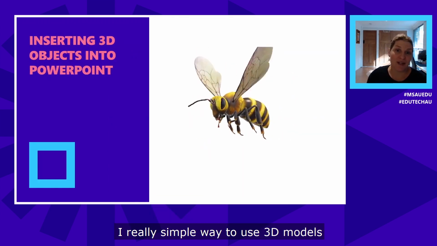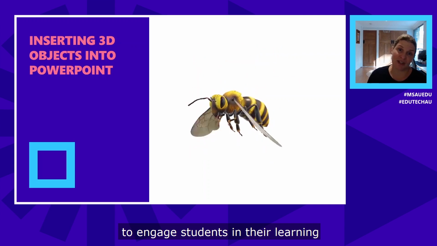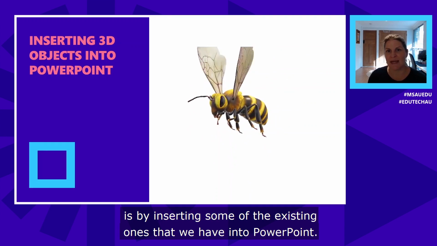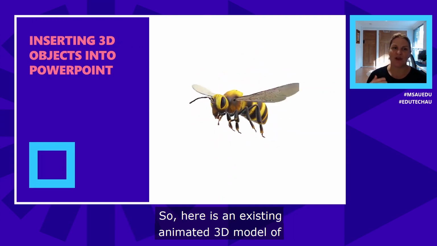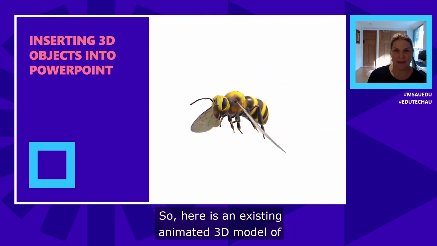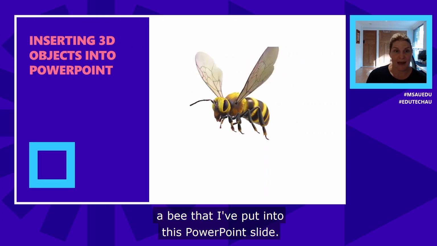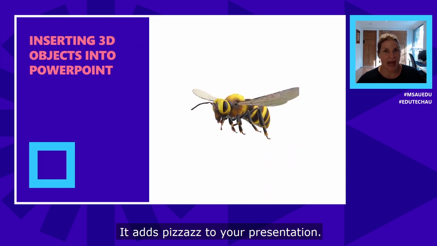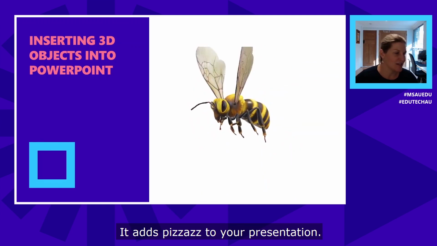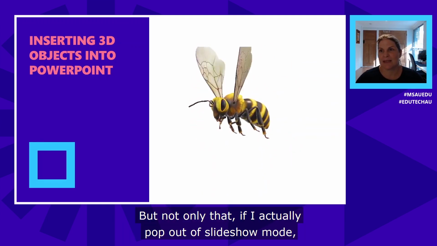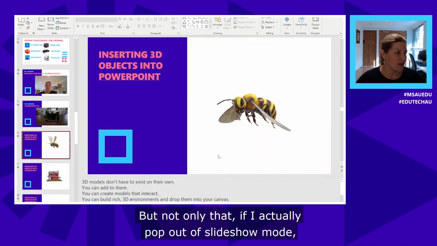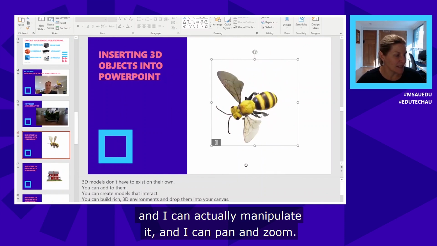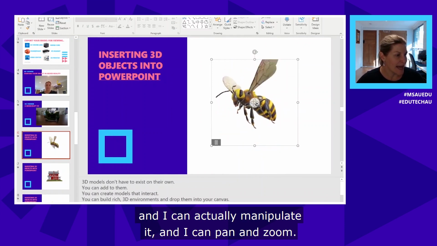A really simple way to use 3D models to engage students in their learning is by inserting some of the existing ones that we have into PowerPoint. So here is an existing animated 3D model of a bee that I've put into this PowerPoint slide. It adds pizzazz to your presentation, but not only that, if I pop out of slideshow mode, I can play with this bee and I can manipulate it, and I can pan and zoom.